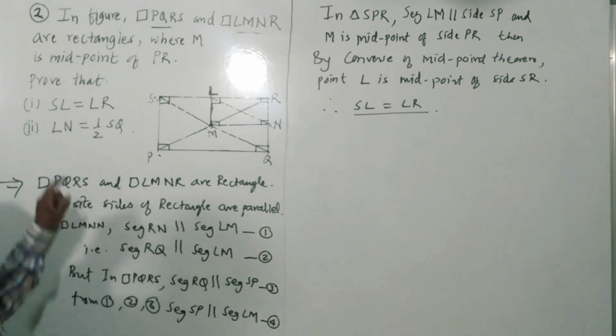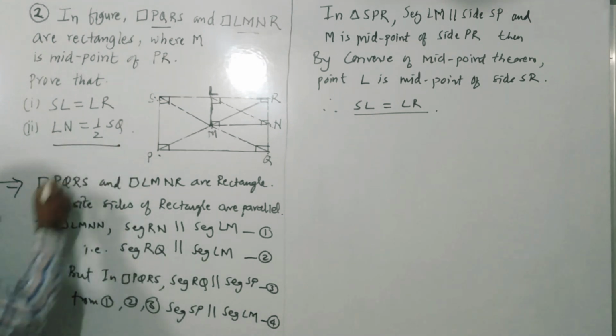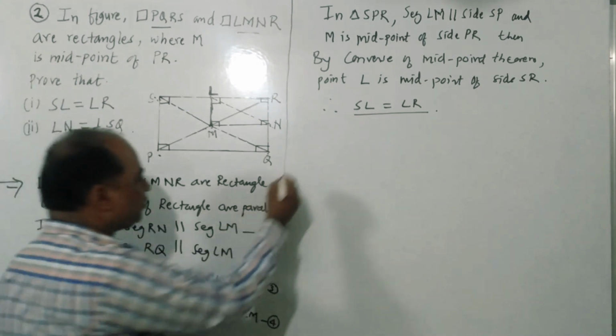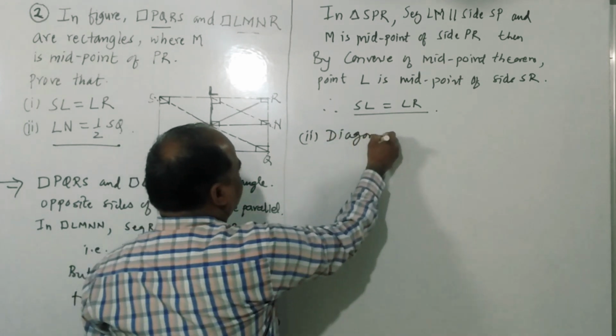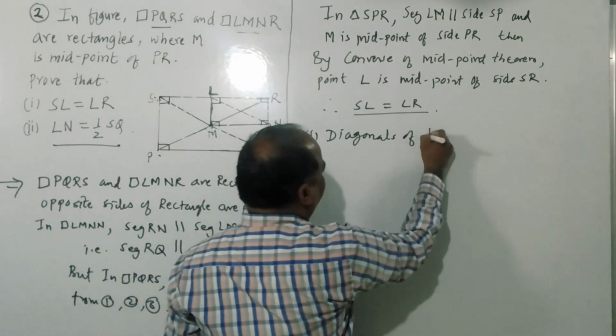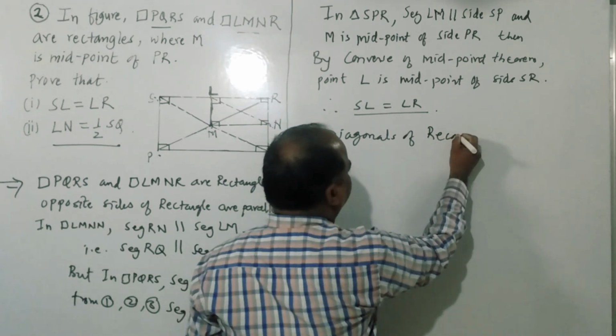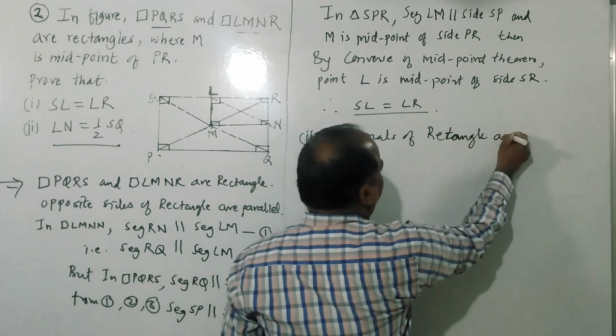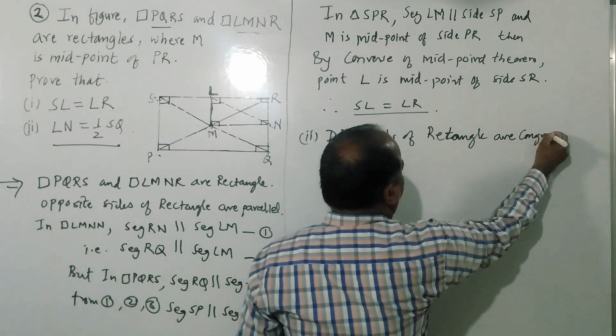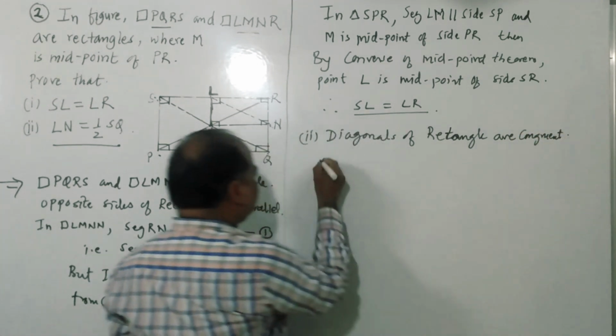So this proof is related to the diagonals of the rectangle, and we know the property of rectangle, diagonals of rectangle are congruent.